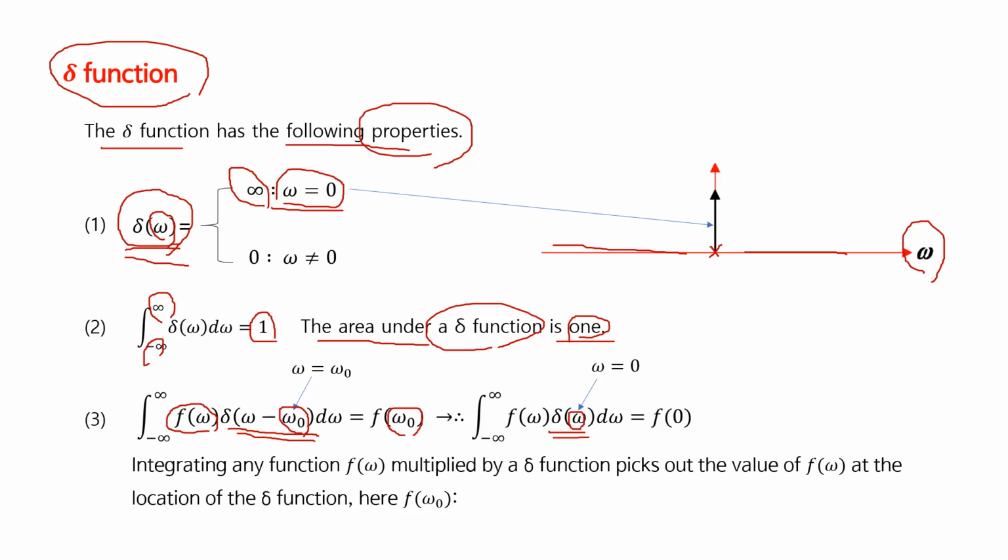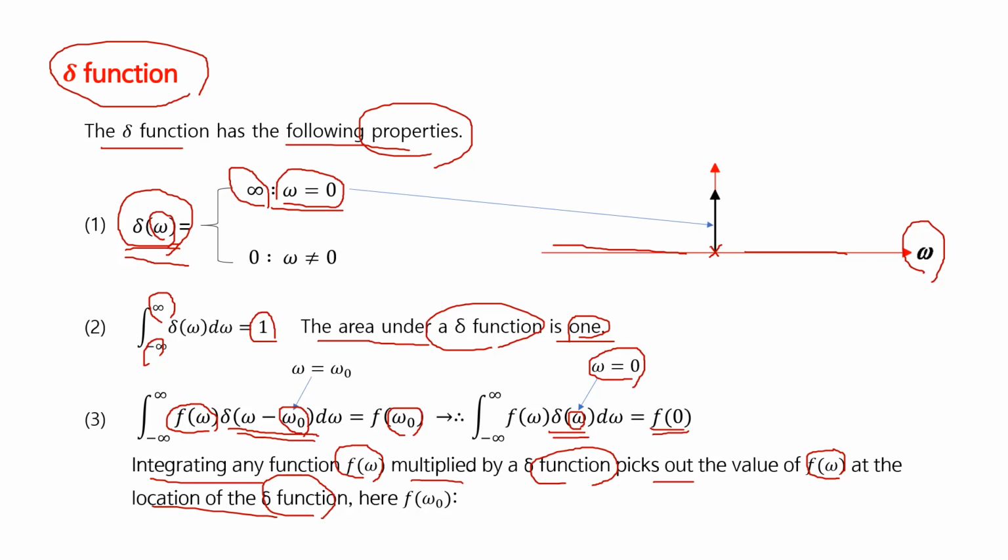This delta function has amplitude only at omega 0, so we get f(omega 0). This property means that integrating any function f(omega) multiplied by a delta function picks out the value of f(omega) at the location of the delta function.